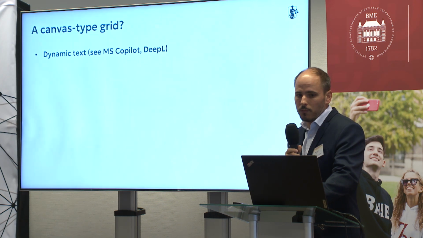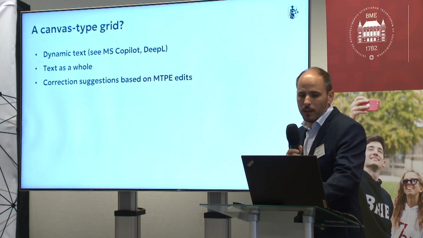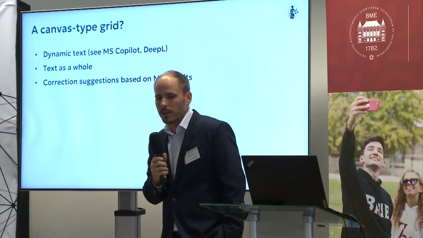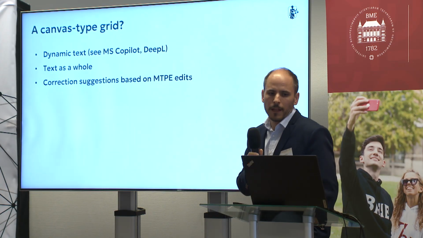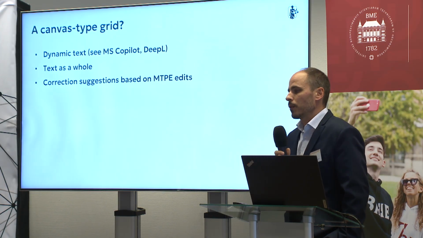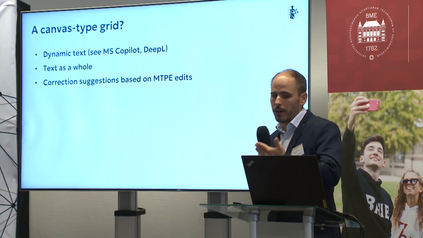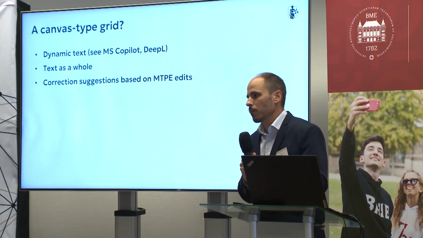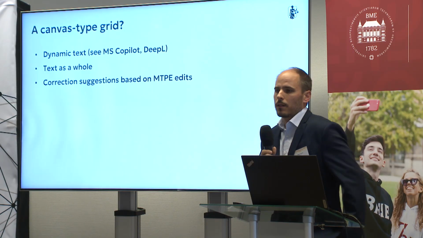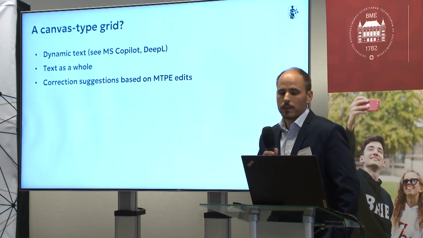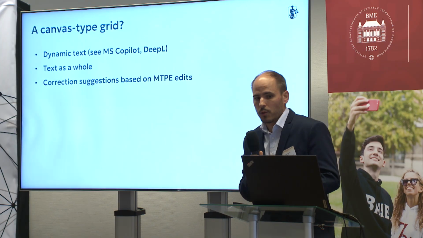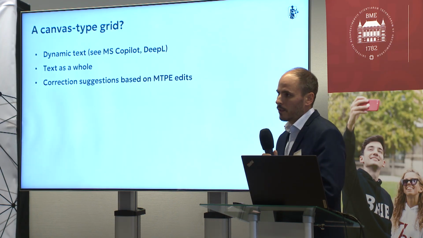So dynamic text would be nice to have. This approach would allow the user to have suggestions from the model working in the background. So, for example, if I make a correction in segment number 1, and there is the very same mistake in segments number 10 and 12, it would suggest the corrections automatically because it handles the whole text as a whole.